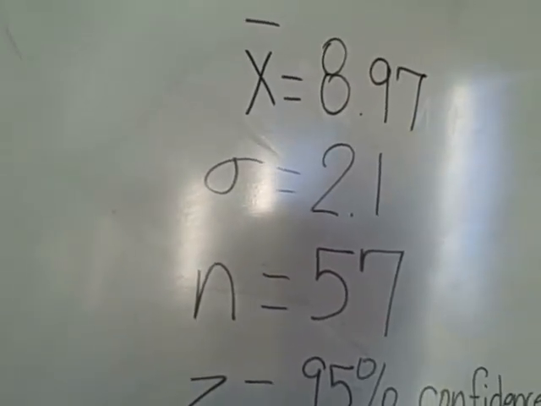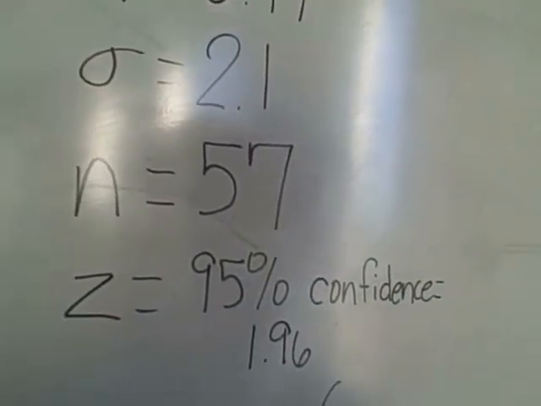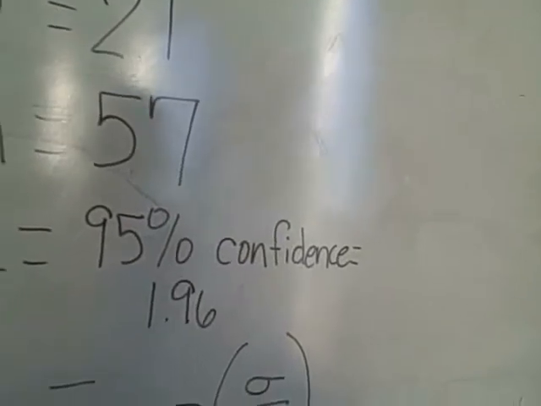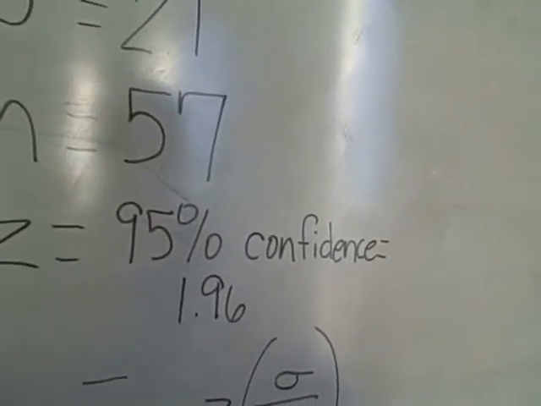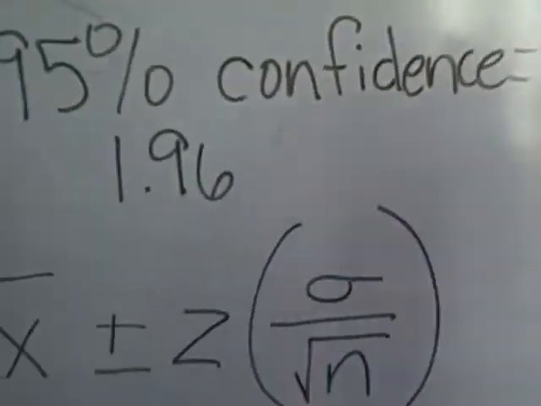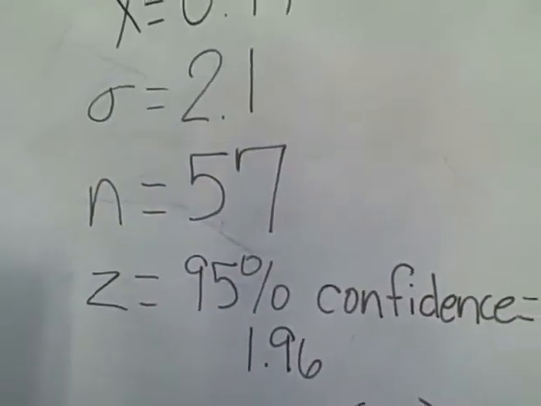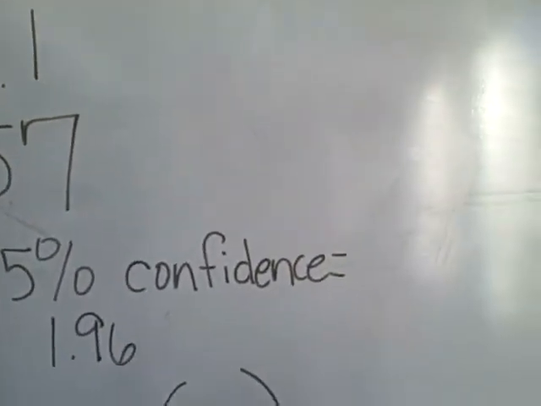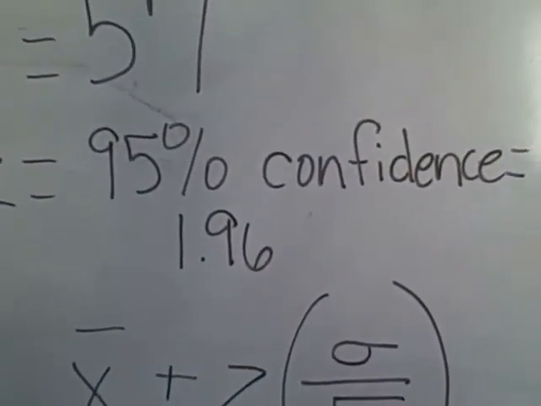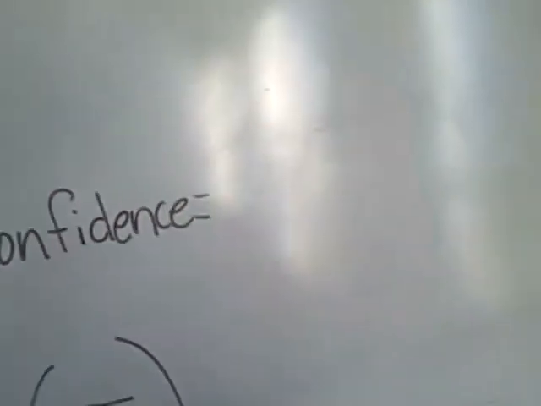That formula is the mean plus or minus Z multiplied by the standard deviation over the square root of the sample size. Once you've figured out what formula you're going to use and solved for all the variables, you just plug in the numbers and solve for your two confidence interval endpoints.